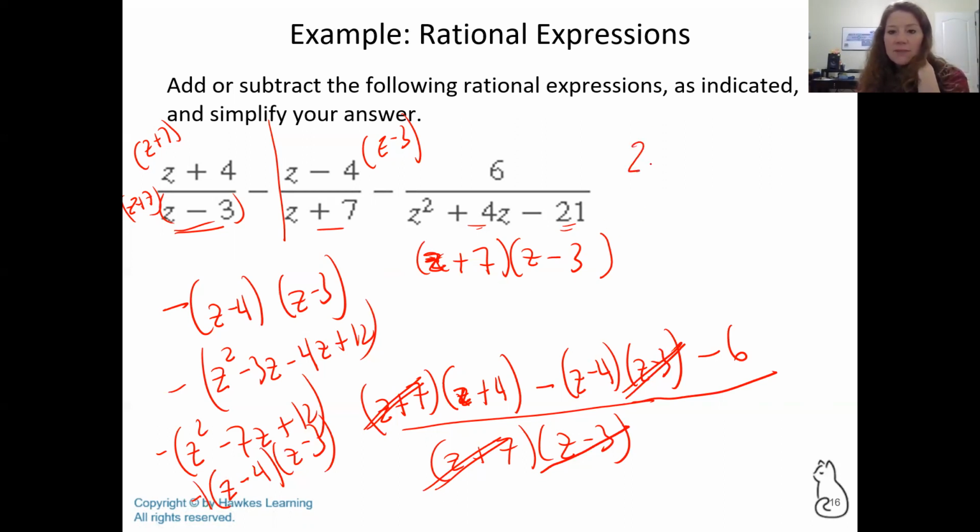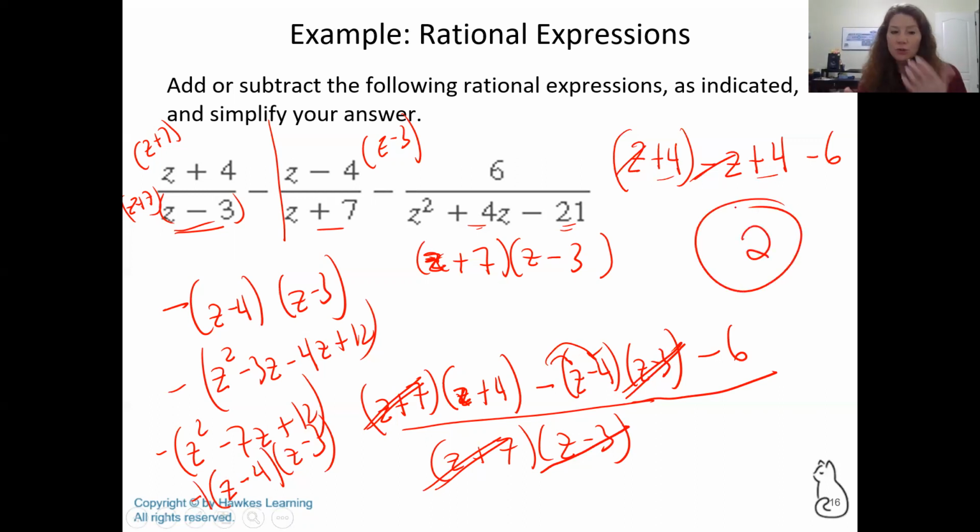We have z plus 4 minus, so if we distribute that negative sign, we'd have minus z plus 4, and then negative 6, right, over 1. So z minus z is 0. And then we'd have 4 plus 4 is 8, and 8 minus 6 is 2. So our final answer is 2.